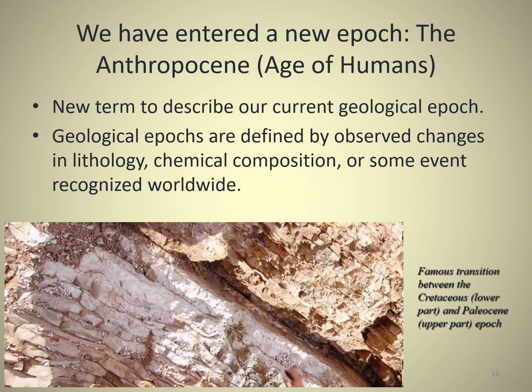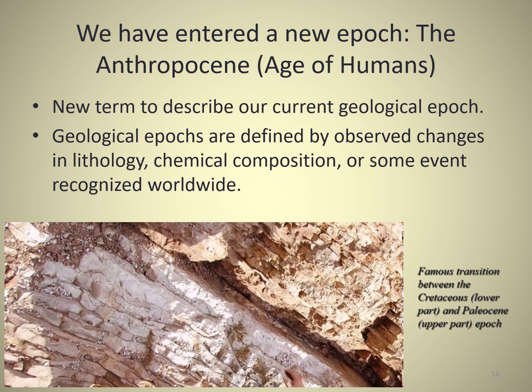This is significant. Geological epochs are defined by observed changes in lithology, chemical composition, or some other event recognized worldwide in the Earth's strata and sediments, that archaeologists and geologists and other scientists can study to understand the Earth's history.